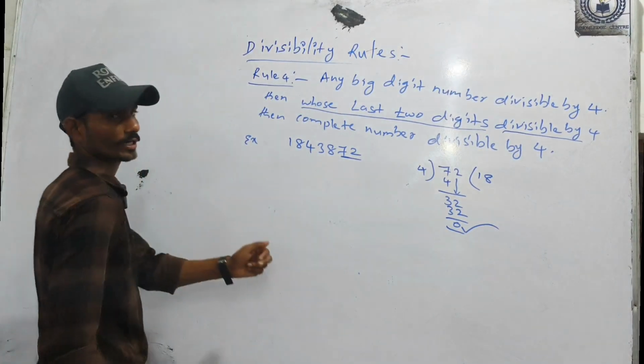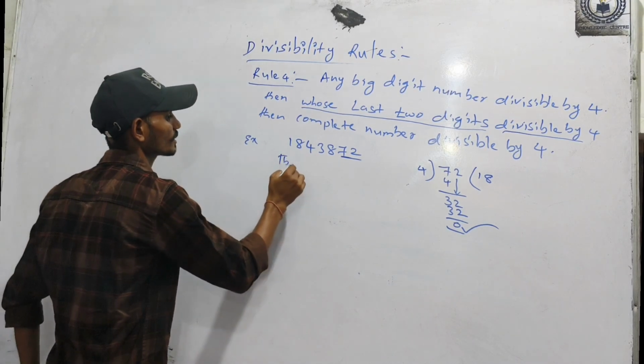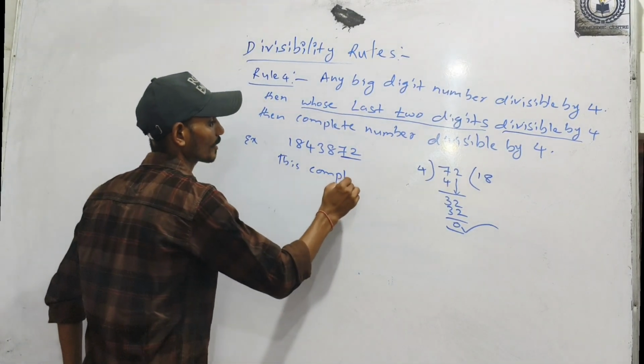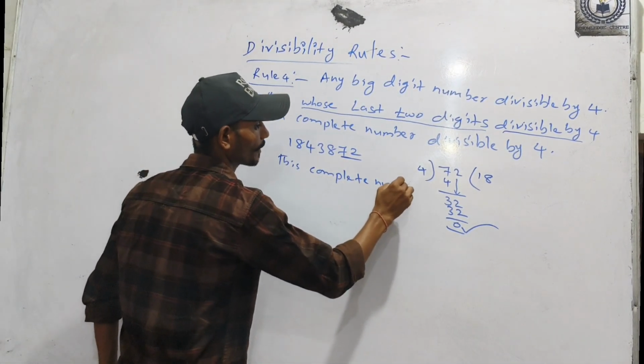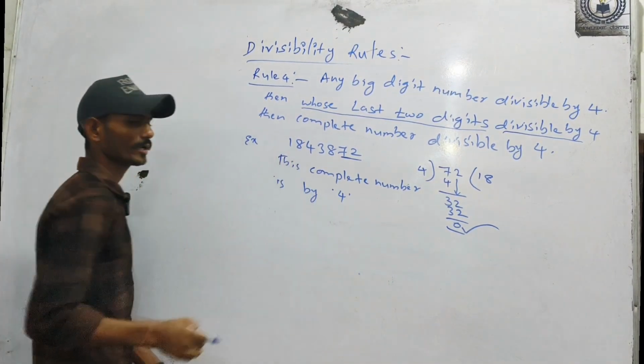When the last two digits are divisible by 4, the complete number is divisible by 4.